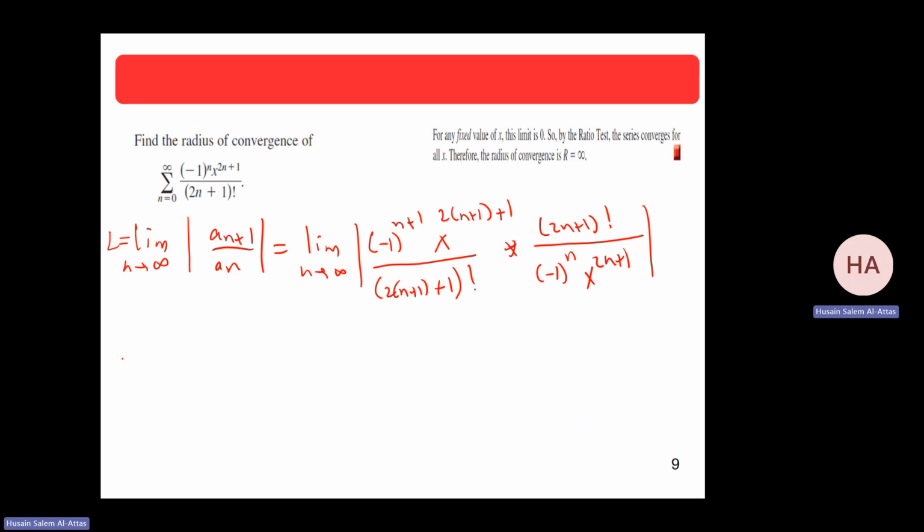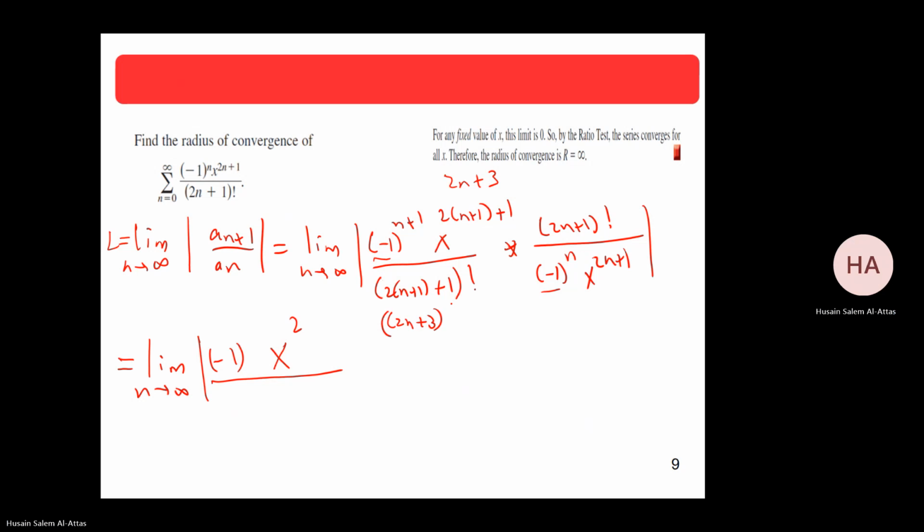Okay, so let us see what will happen. That will be the limit as n goes to infinity of what? This with this, I have a minus sign with the absolute value. This will be gone. This is what? 2n plus 3 minus this, I have x to the power, x squared, over (2n plus 3) factorial.